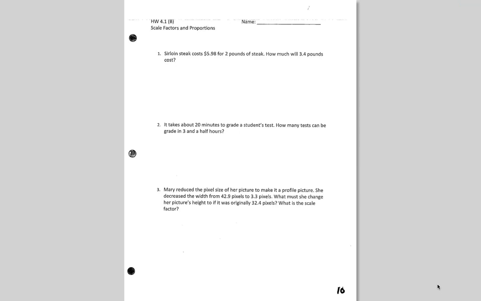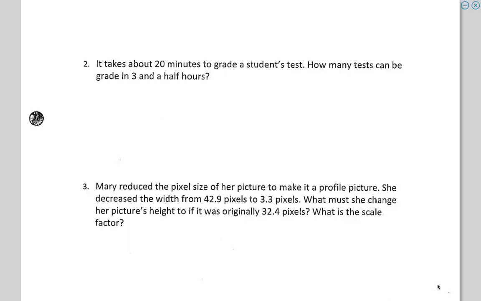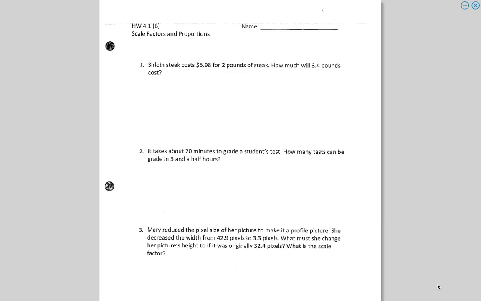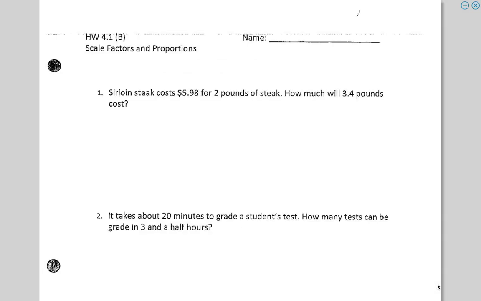So in the homework, I want you guys to focus on number 1, 2, and 3. Make sure you pay attention to what's in your numerator and what's in your denominator. Okay? See if you can set each of these up like this. Of the 4 positions, 1, 2, 3, 4, you'll have an X that goes in one of them, and numbers that go in the other ones.